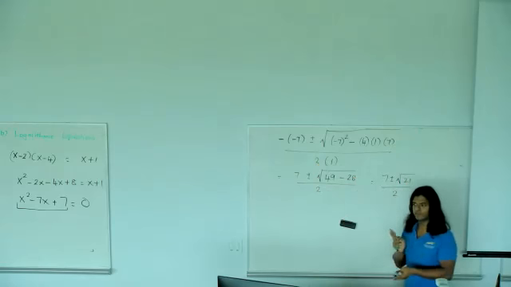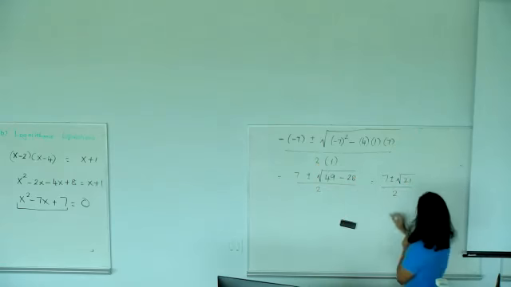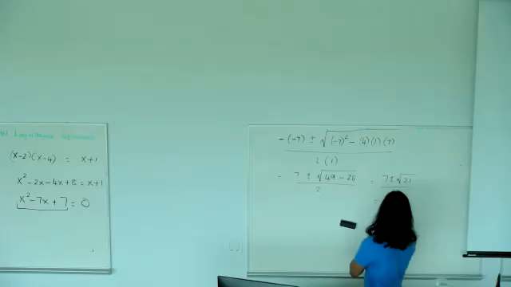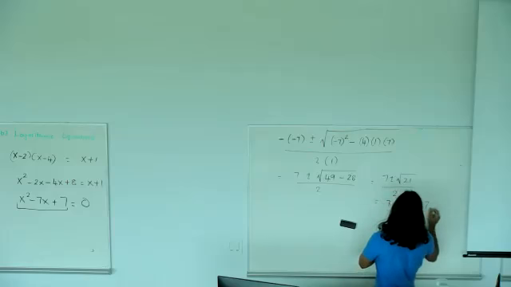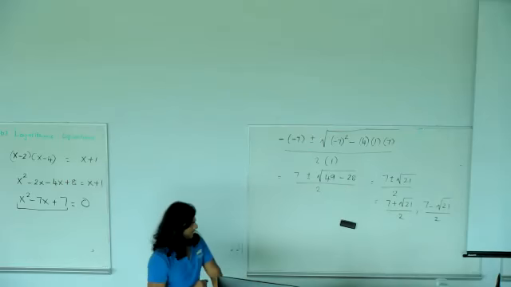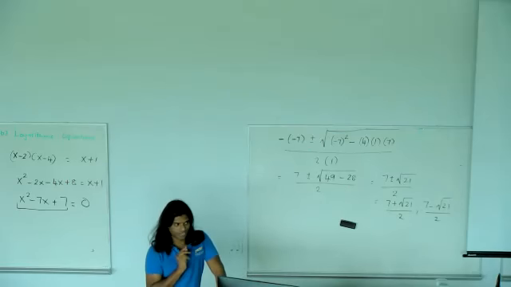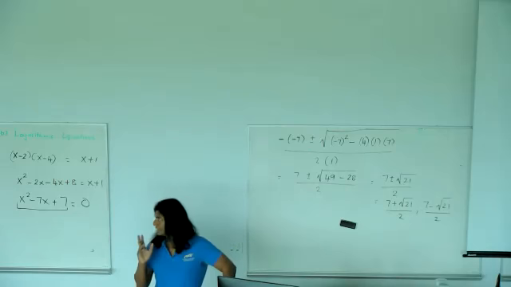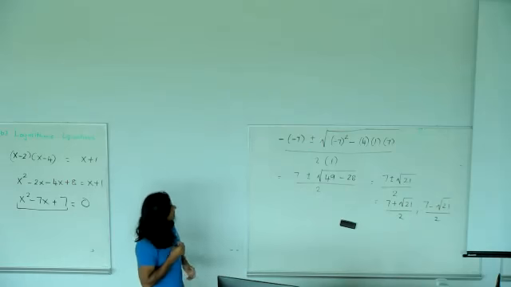So we have two solutions: 7 plus square root of 21 divided by 2, and 7 minus square root of 21 divided by 2.